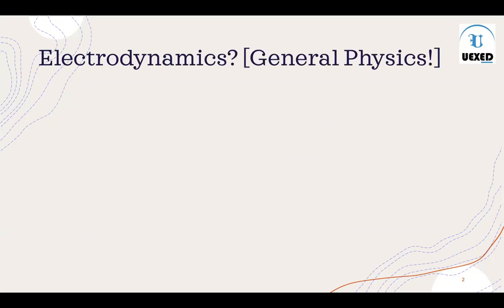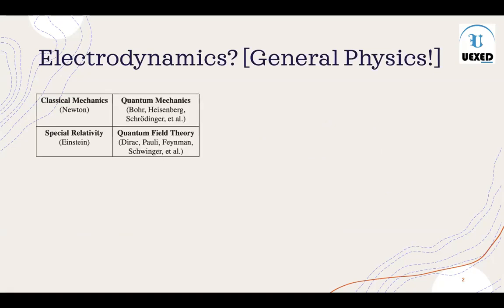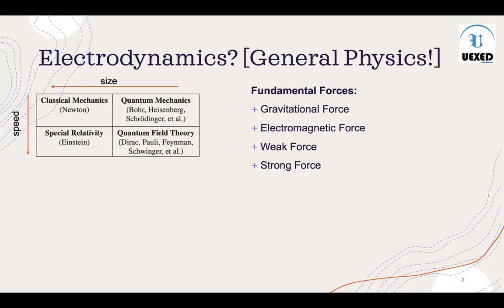So we talked about electrodynamics and correlated it with general physics, where we discussed how classical mechanics, quantum mechanics, special relativity, and quantum field theory are parameterized by two components: one is size and one is speed. Then we discussed the picture behind these developments with respect to fundamental forces, and why unification is necessary for physical theories.